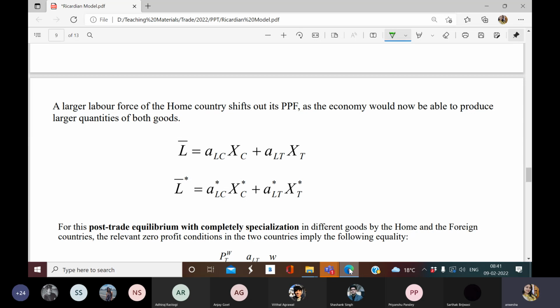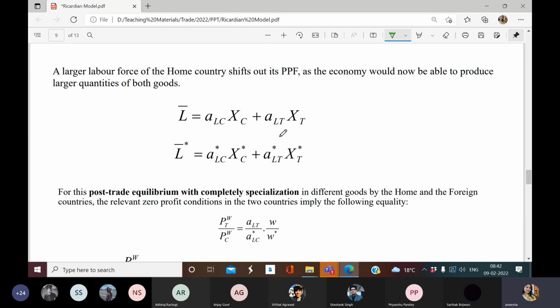The home consumers will see that the price of computer falls when trade opens up, because the computer is cheaper in the foreign country. So domestic consumers will substitute dearer textile by cheaper computers. So it's only the consumers, the self-interested economic agents, they just see the movement of prices and they act accordingly. So it's free trade, there is no intervention, and such free trade is beneficial for the country.